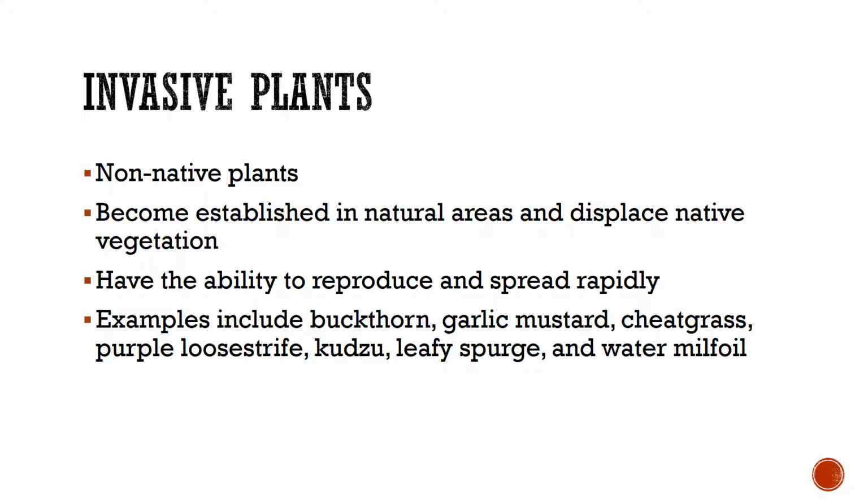If we have a native pasture and it's not taken care of correctly, we can start to see some invasive plants come in and replace or displace that native vegetation, which is not good because it's going to be very hard to bring that back to a native pasture, and then it will start stealing sunlight, minerals, water, all of the good stuff that native pasture needs to maintain itself. And these invasive plants reproduce extremely quickly, and they spread very, very quickly.